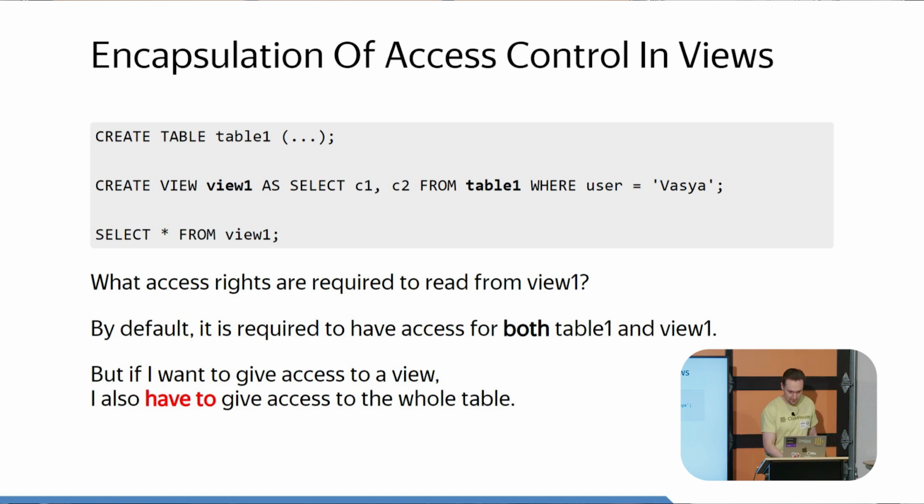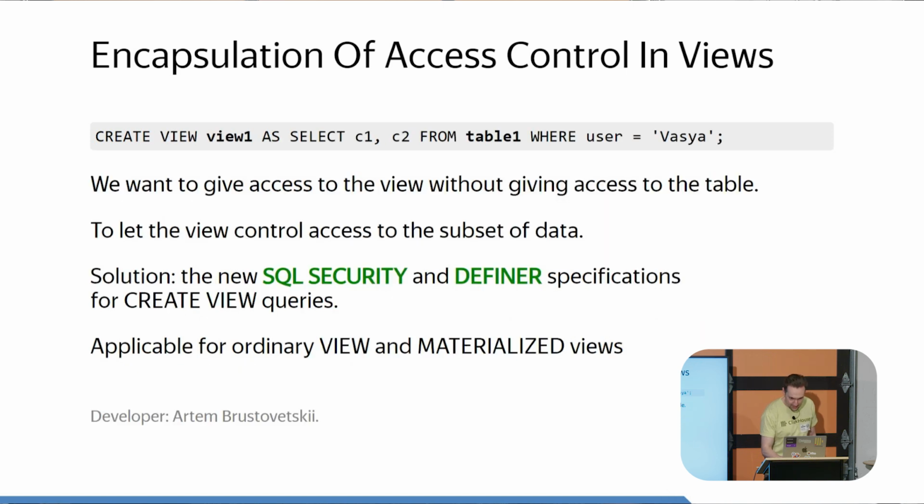Now it is possible to use this. You can define SQL security with a definer. And basically, it is encapsulation of access control inside the view. So you create a view and package your own access to this table inside the view.